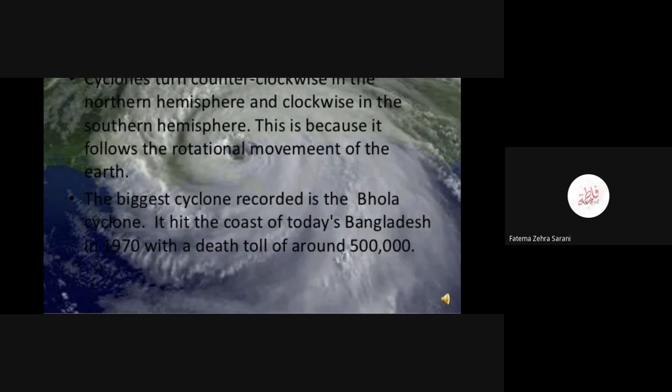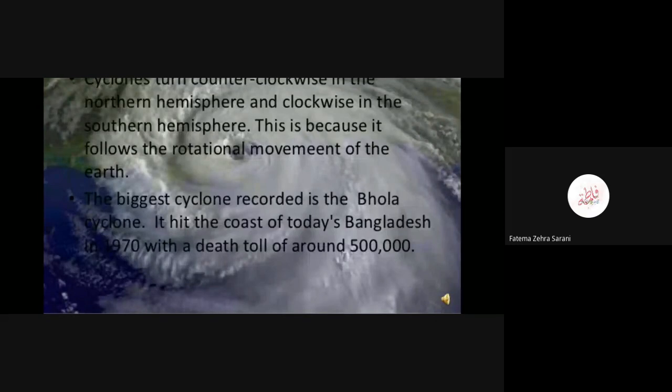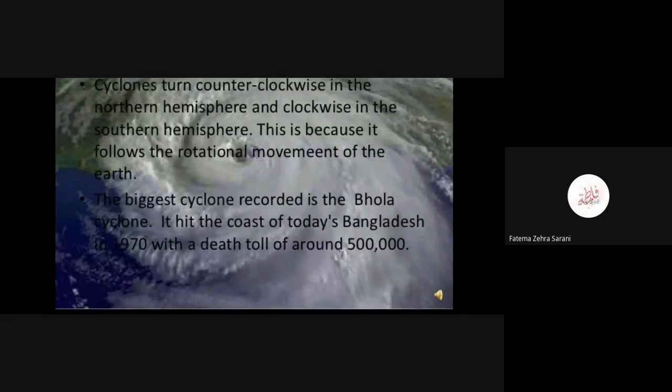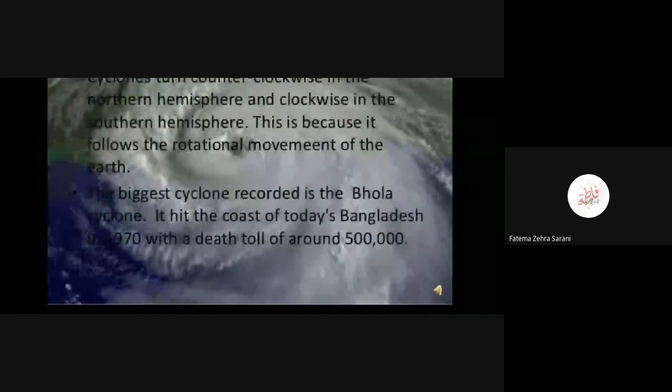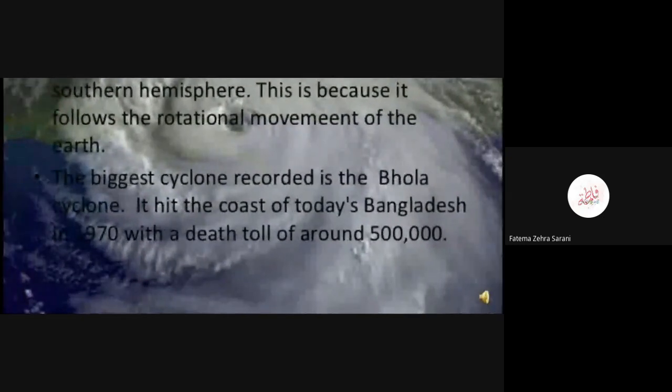In 1970, this cyclone happened and a huge number of deaths occurred. Got it? Okay, last point you will read. Sarah: The biggest cyclone recorded is the Bhola cyclone. It hit the coast of today's Bangladesh in 1970 with a death toll of around 5 lakh.